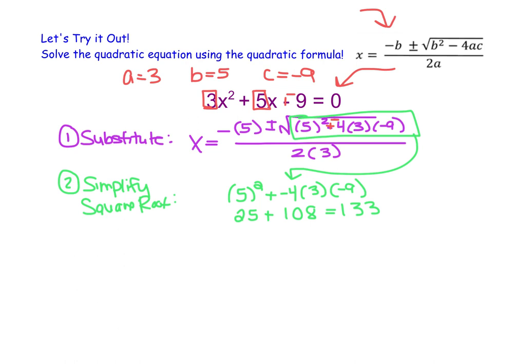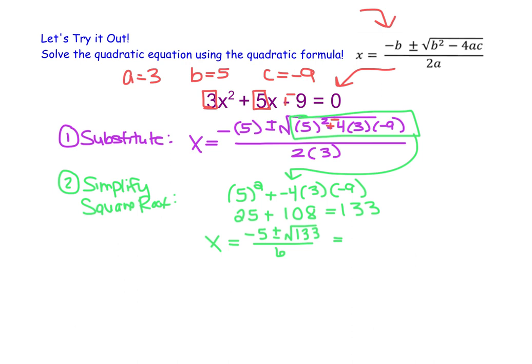So now I'm just going to rewrite this as x is equal to negative 5 plus or minus the square root of 133 divided by 2 times 3, which is 6. Then from here, if you want to go one step further, I actually like to evaluate that square root, so I know what that square root actually has a value of.